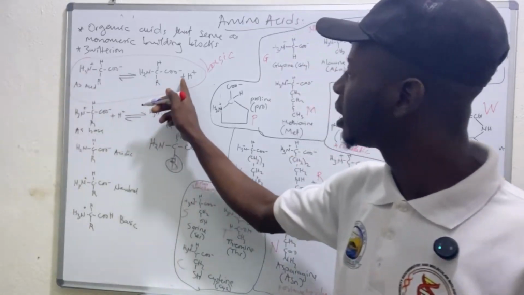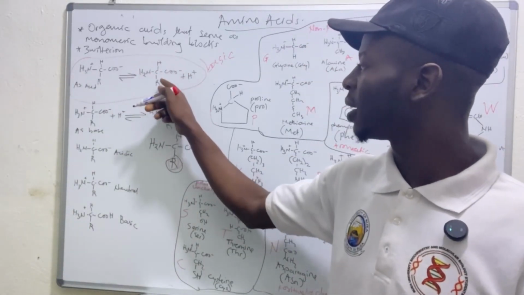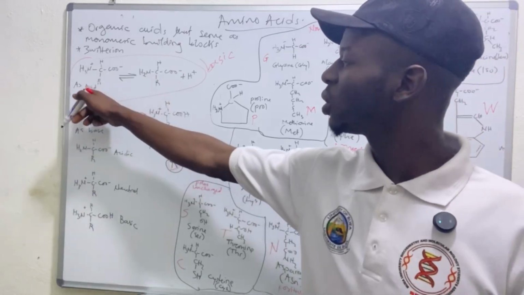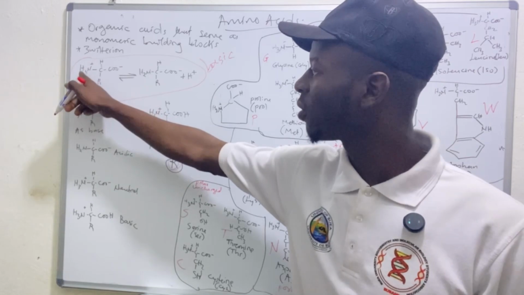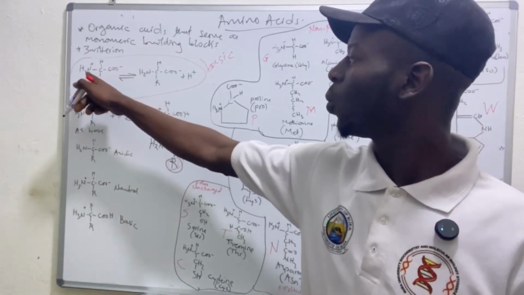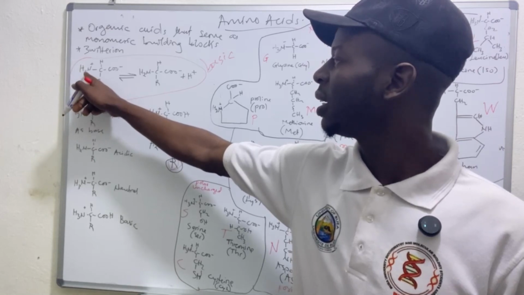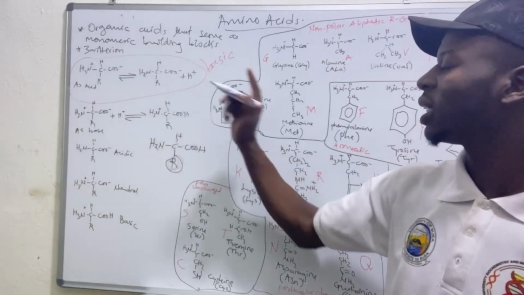So it's going to donate this proton here, and then it's going to end up with this kind of state. So this is where the amino acid is acting as an acid. It's donating a proton, and the proton is coming from this amino end here. And at the end of the day, instead of NH3 plus, we are going to end up with NH2. So you're going to donate this proton here.